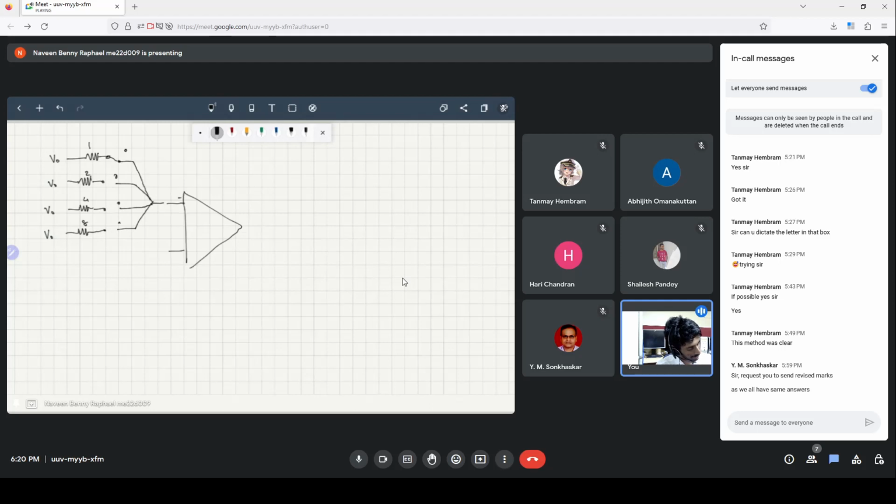So depending on the switches, this will represent 1001, and essentially this will add the voltages, and if the output here is 1, we'll get a digital value. This will also work as a digital to analog converter.